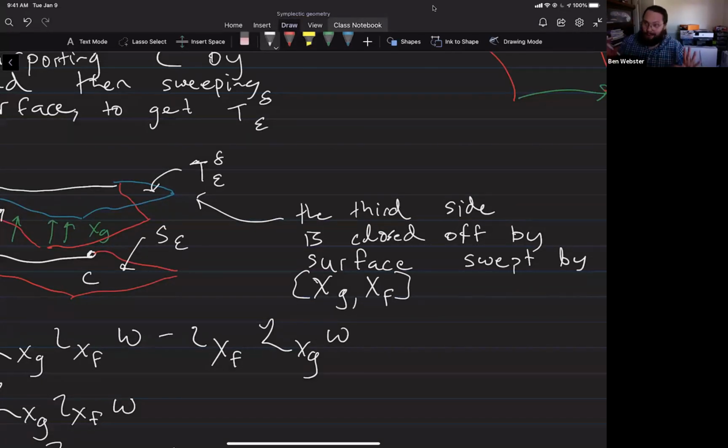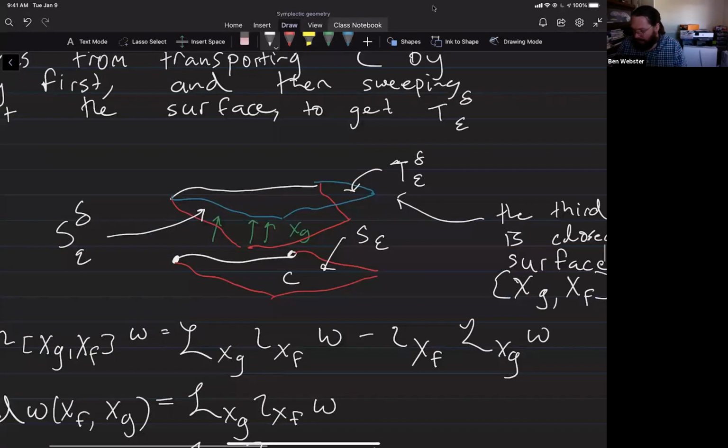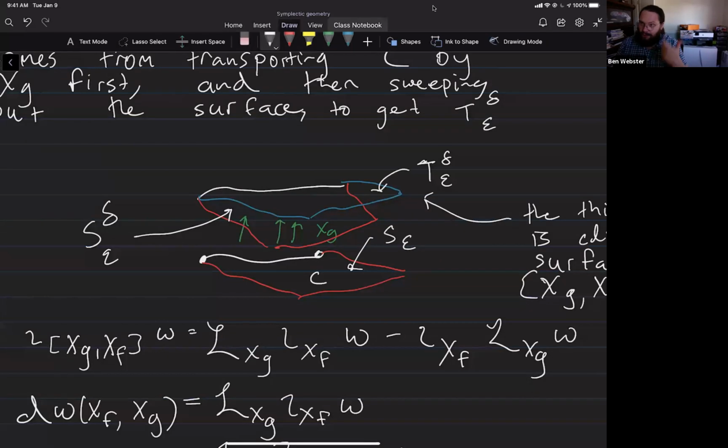If you go through this and do everything carefully, think about what it means in terms of forms. What this tells you is that contraction of the symplectic form with the Lie bracket, which corresponds to the third side here, is equal to Lie derivative with respect to xg, contraction with respect to xf, minus contraction with respect to xf, Lie derivative with respect to xg.